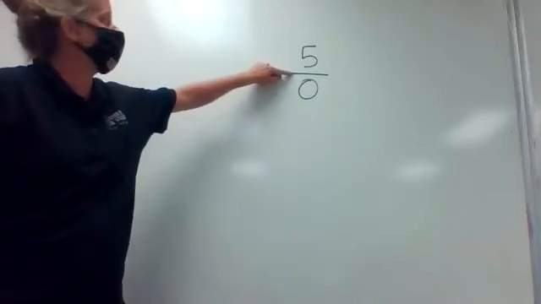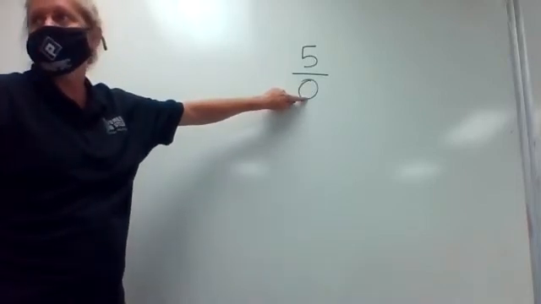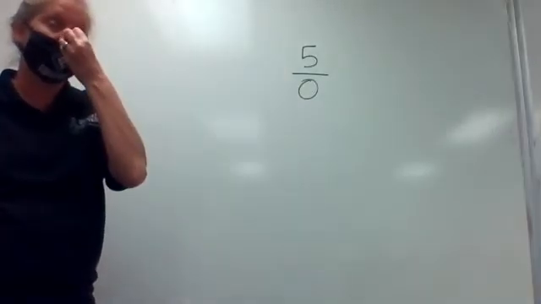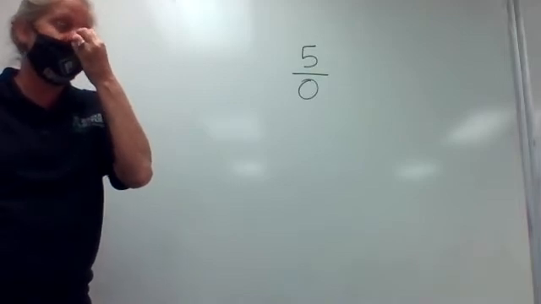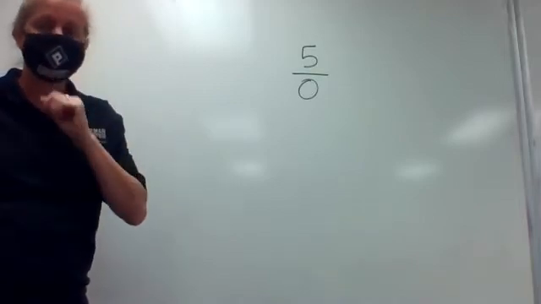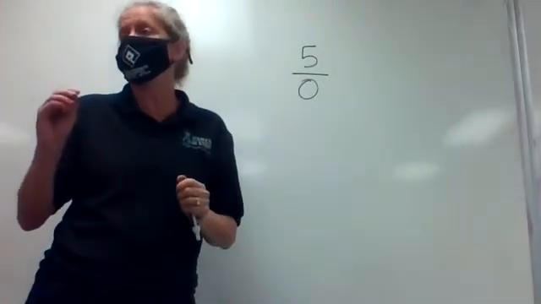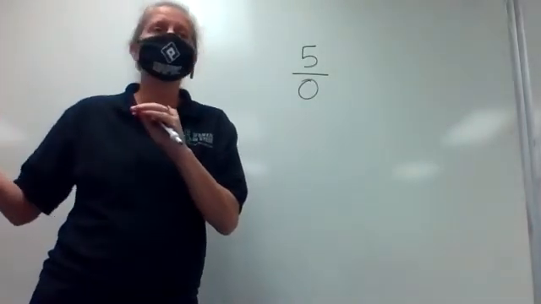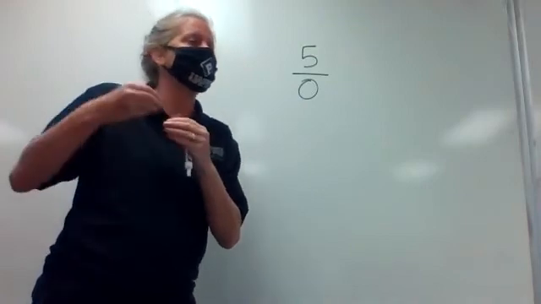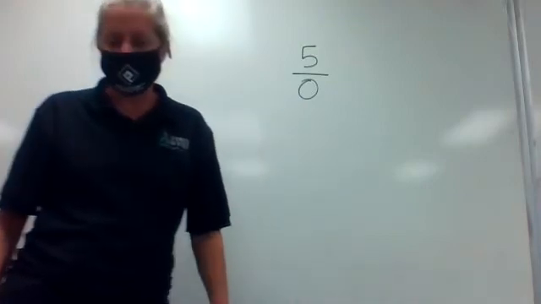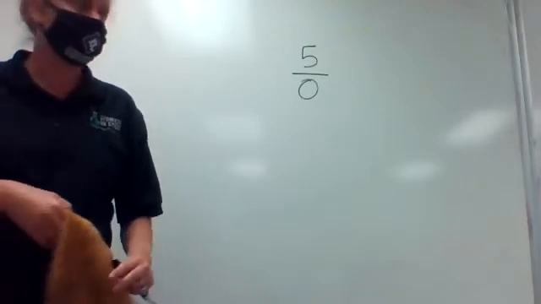Because what can you not divide by? 0. You can't divide by 0. So if you have a function and there's an X in the denominator, you need to make sure that you're not going to choose to plug in a number that would turn that denominator into 0, like on number 3. That's called undefined. You can't divide by 0.